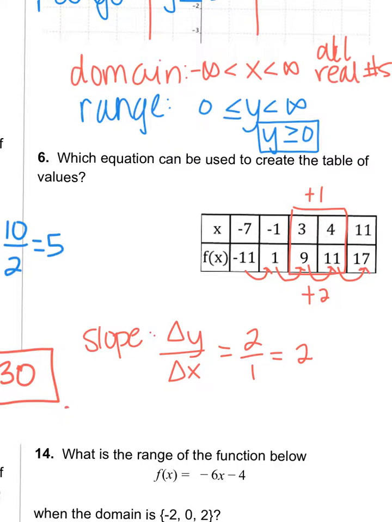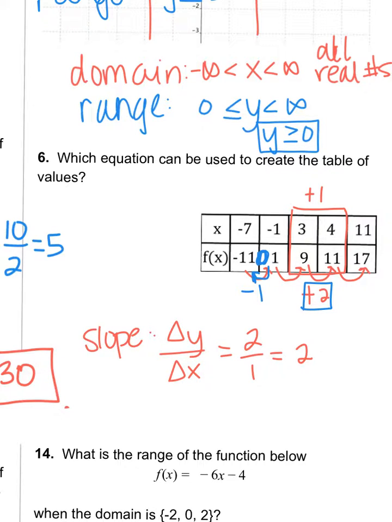And then we need to find our y-intercept. So to go backwards from 1 to 0 is minus 1 to get to 0 here, which is half of this 2.